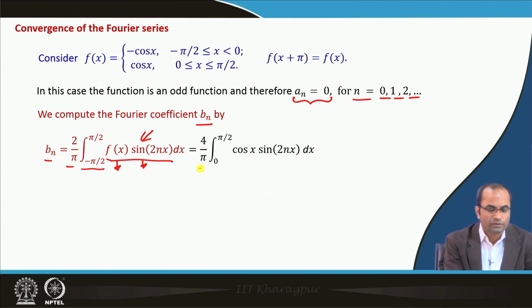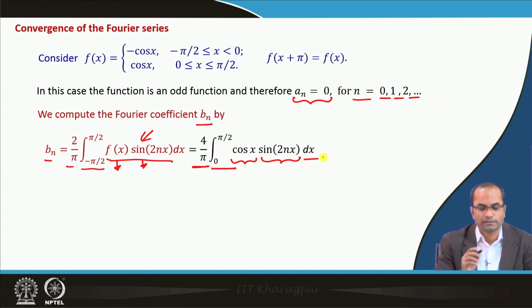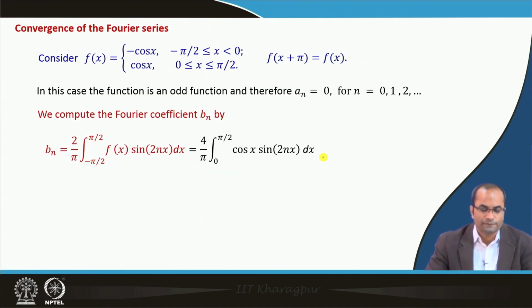So, we can have 2 times, so 4 by pi, and then 0 to pi by 2, where the value of the function f x is cos x, and then sin 2 n x d x. This integral can be evaluated easily, and we are not showing all these steps here.